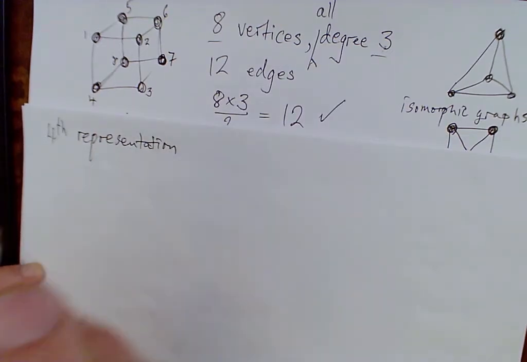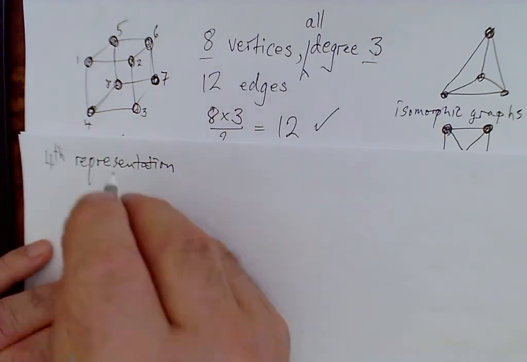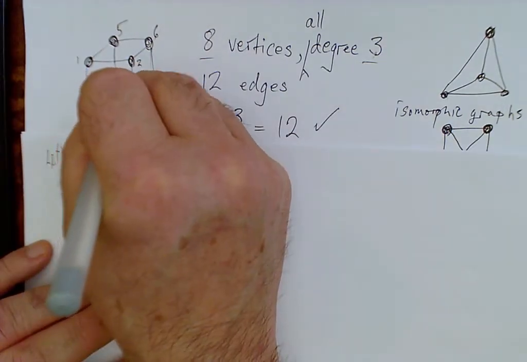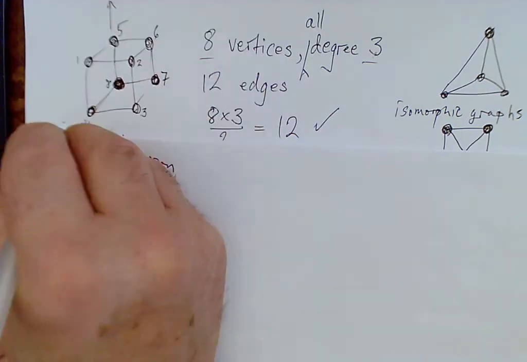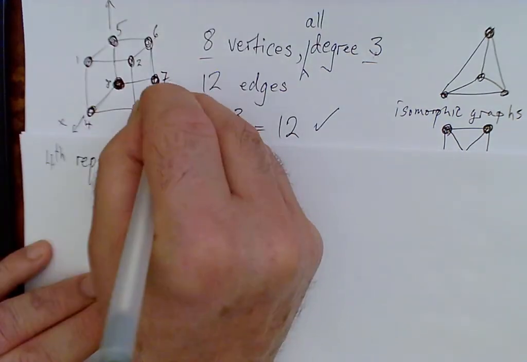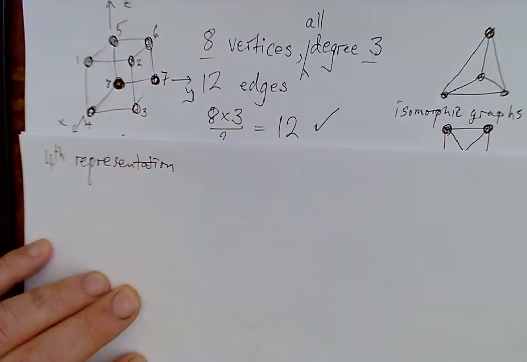And for this, I'm going to think of the cube as placed in Cartesian space, with origin at vertex number 8. So the axes, we've got the x-axis down here, the y-axis and the z-axis up top, and then, supposing that the length is 1, we can write down the Cartesian coordinates of the vertices.